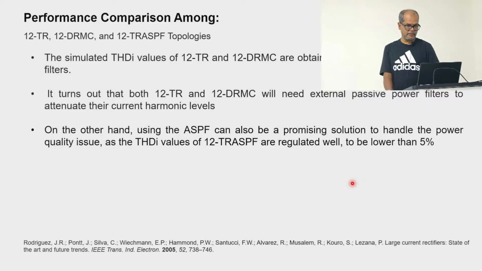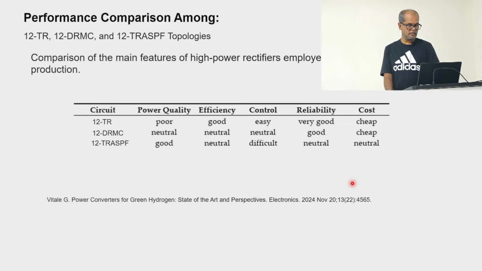Yeah, so we already talked about that comparison. So again, this one is giving a better picture, not only in power quality, but also efficiency, control, reliability, cost. This would be a slightly higher cost than that.